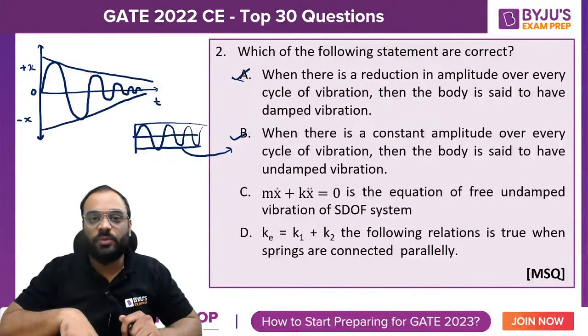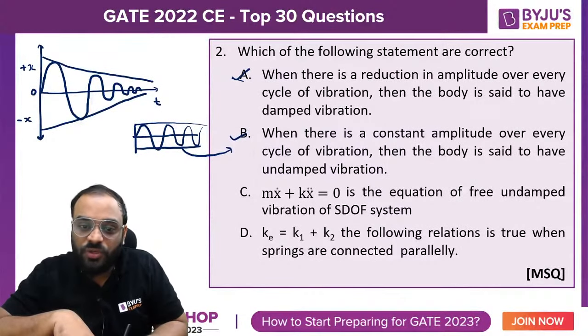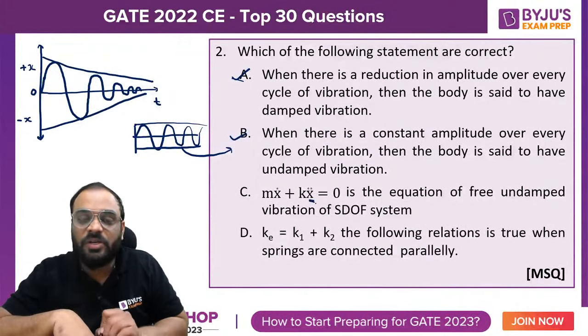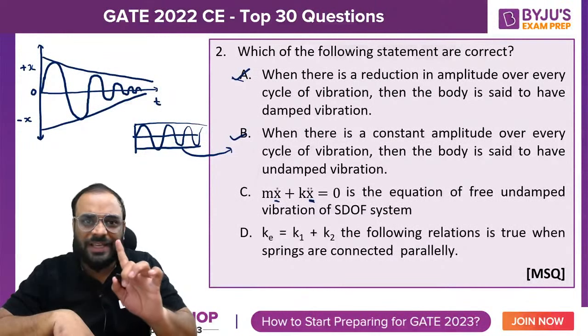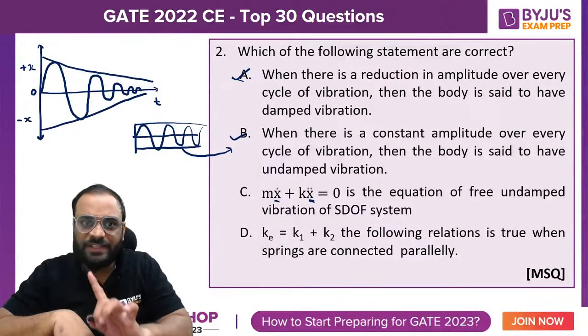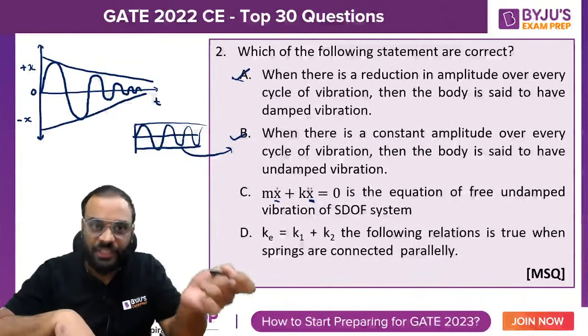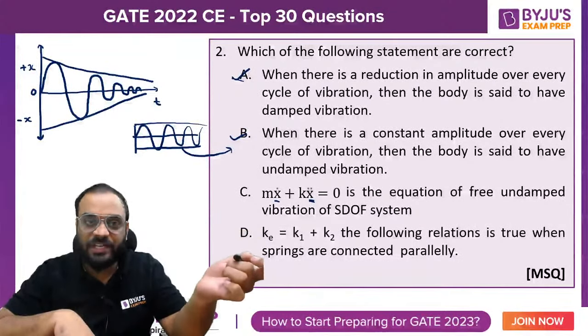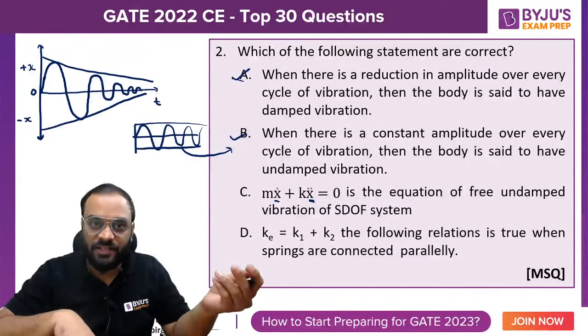But what about the C option? We have seen our equation. In C option, there is one issue. It is written as x dot, which is wrong. You know what x double dot is, what x dot is, what x is. X is displacement. X dot means velocity if you're taking the first derivative. If you take the double derivative, that means you are finding the acceleration, right?